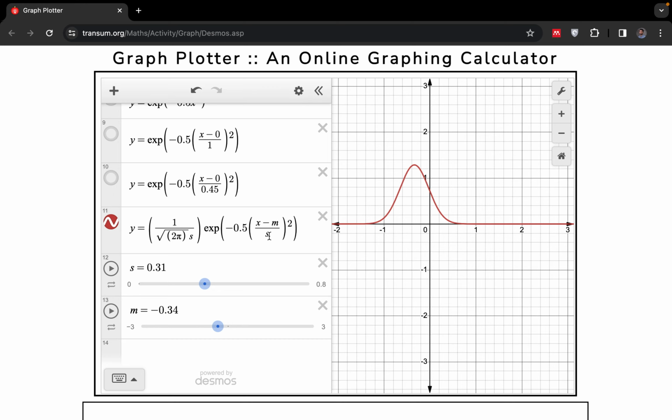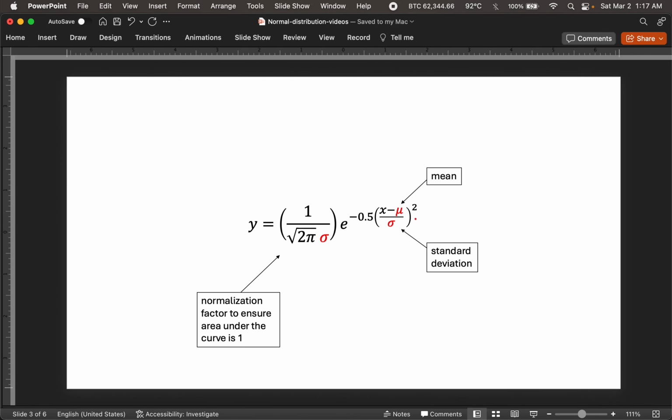And an important observation is that this factor allows us to quantify the area under this curve as 1. In summary, this is the mean and this is the standard deviation, sigma. This is the overall expression which we just implemented, and this factor is in a sense ensuring that when we integrate this equation, the area under the curve turns out to be 1.